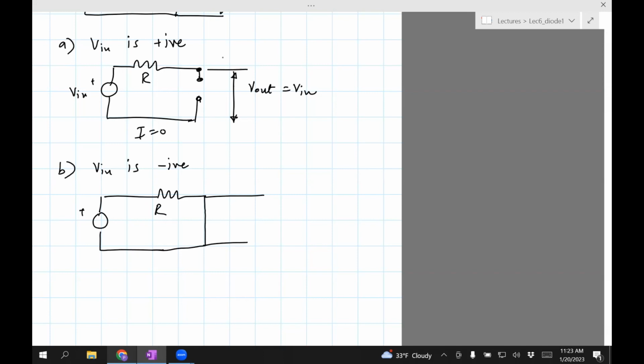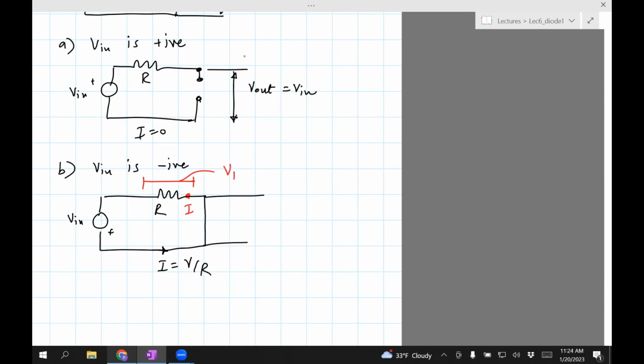Okay, now what? So this should be positive. Now what will happen is there will be a current. It will be V divided by R. And what will happen is that the net voltage drop will all occur here. So the voltage drop here, remember the current I is flowing through this.